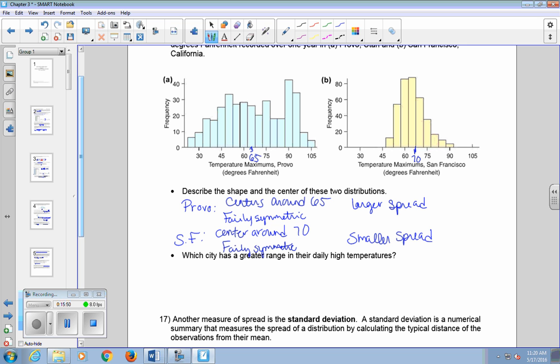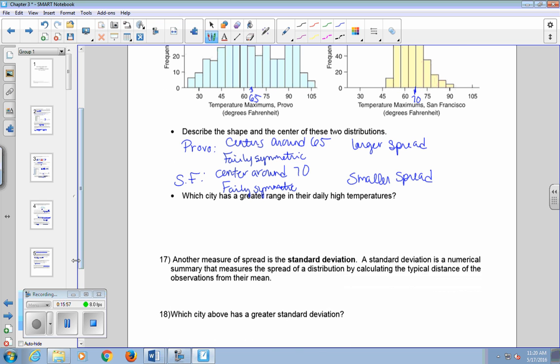So which city has a greater range in their daily high temperatures? Range is your max minus your min. We don't have our data, but we could at least give an estimate. So Provo looks like their max is around maybe 105, and their min may be at 25.